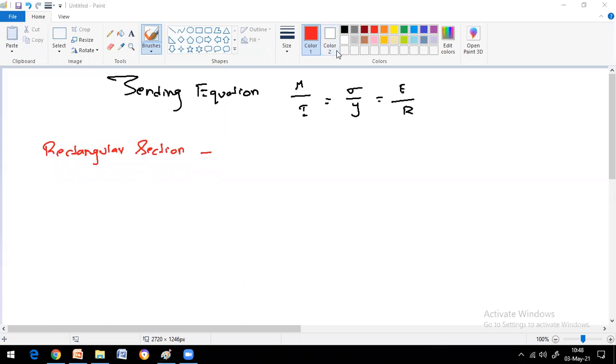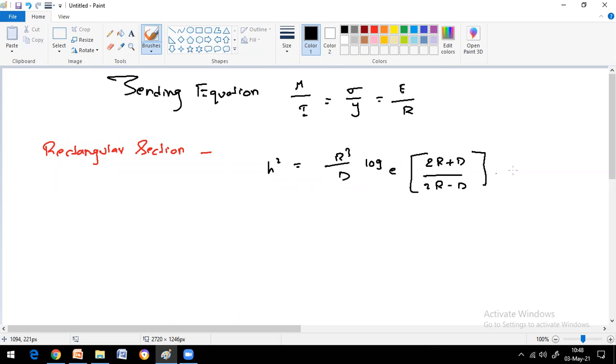Note down for the rectangular section, your h square formula. I will let you know what h square means. Please note down, this is very important. h square is equal to r cube by d log e of (2r plus d by 2r minus d) minus r square.